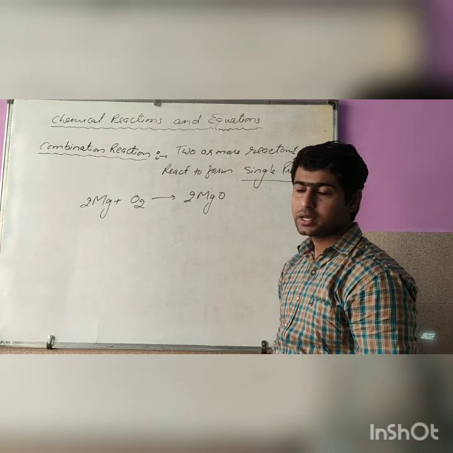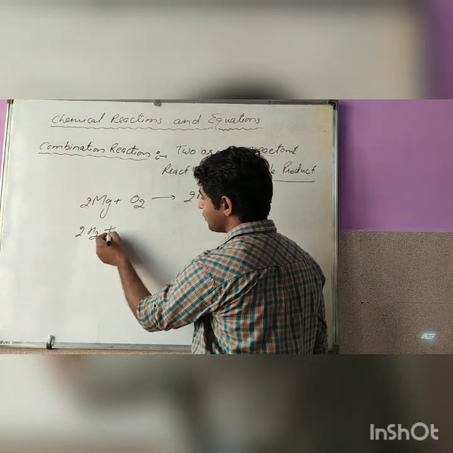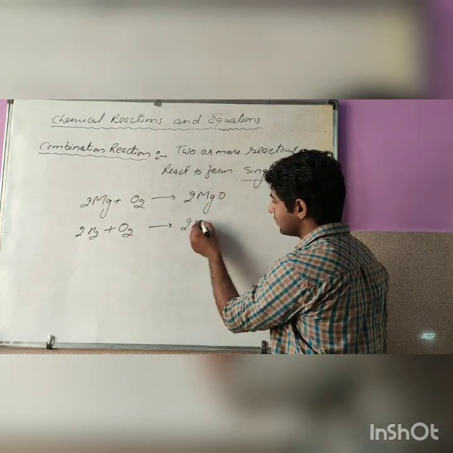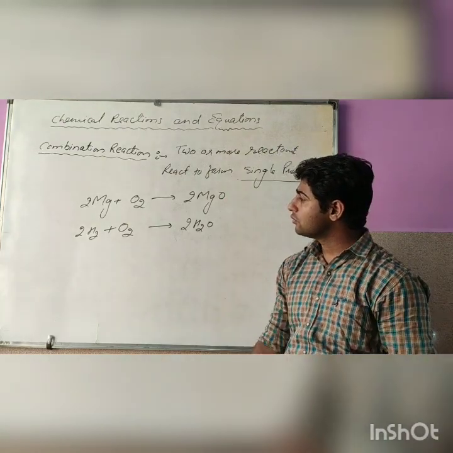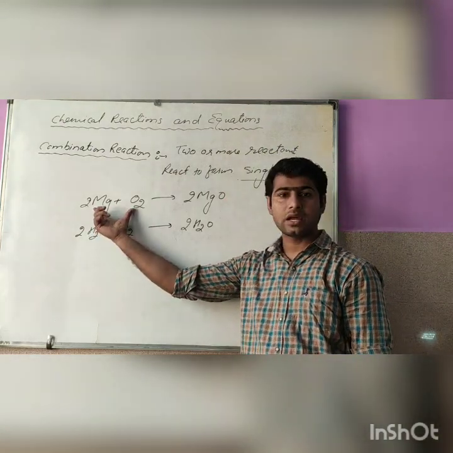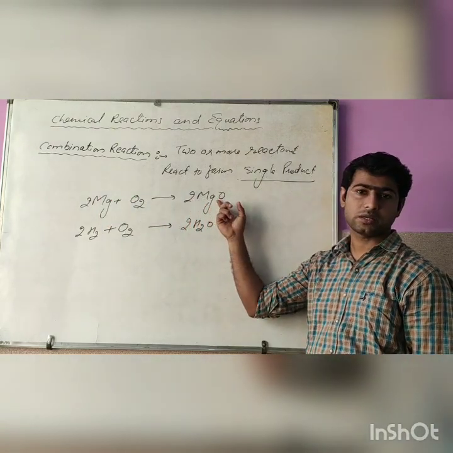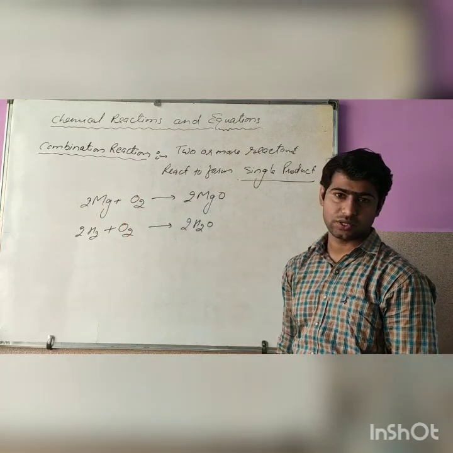Next example we can take: 2H2 plus O2 gives 2H2O. Now you can see two reactants are changed into a single product. So we can say this is an example of combination reaction.